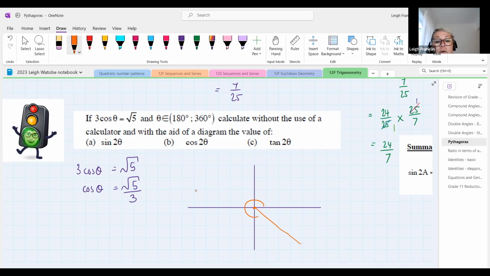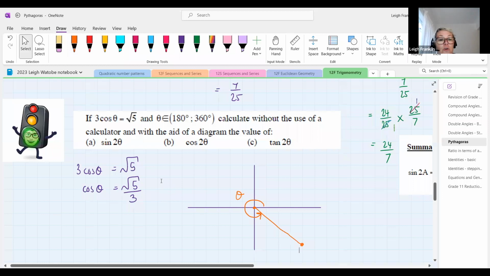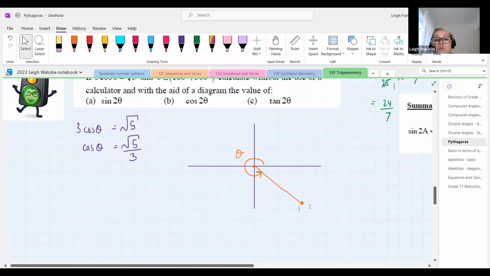Absolutely, well done. Okay, so you would have drawn your diagram like that. There's your angle theta. You're quite right. You are working in quadrant 4. So here at your end point, what do you have and what's missing?